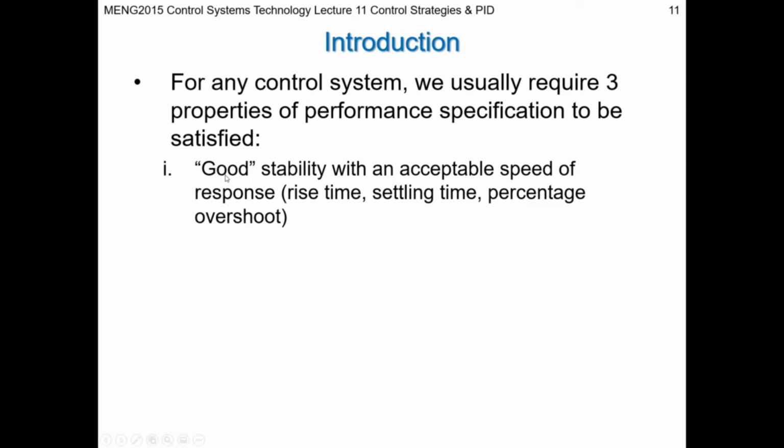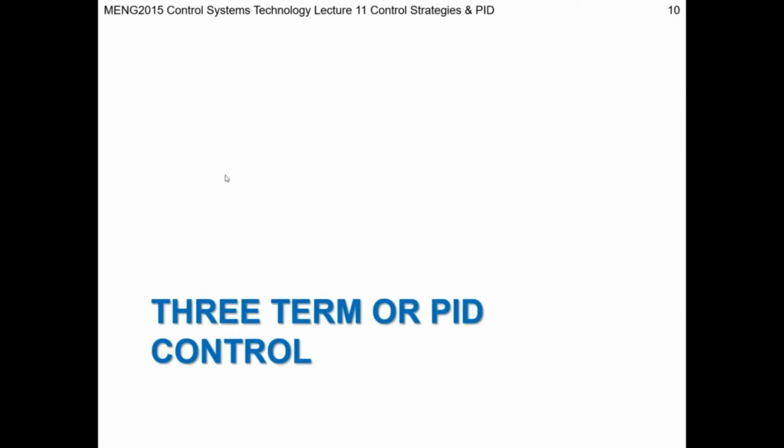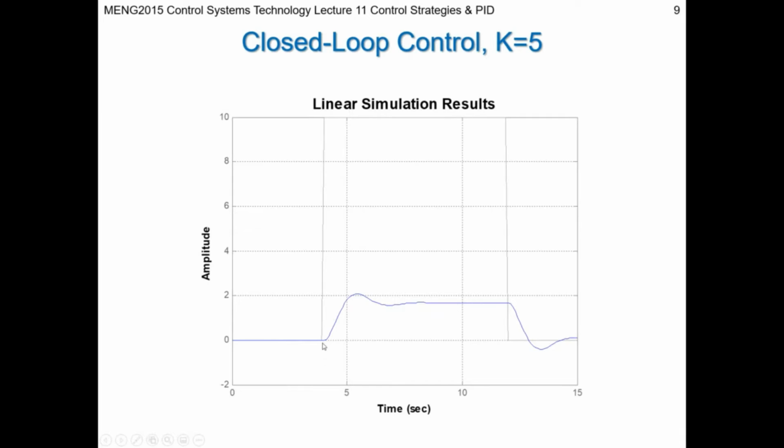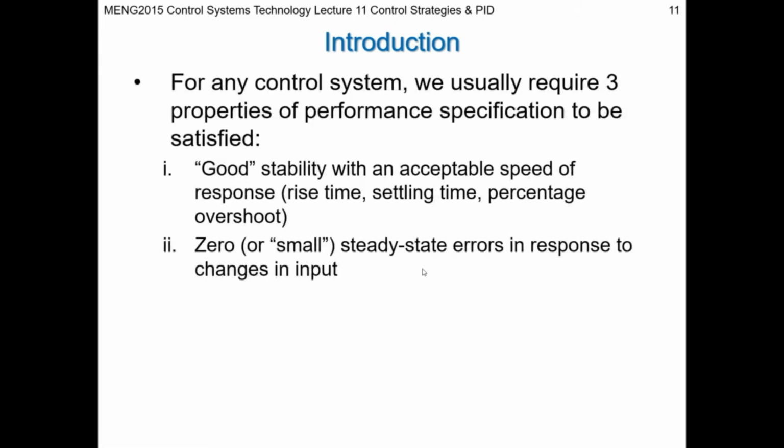If it's a disturbance we're dealing with, like in the previous example, we don't want the overshoot to be too high, we want it to settle quickly. Same criteria really. We also want zero or at least small steady state errors in response to changes in input, or in response to disturbances.